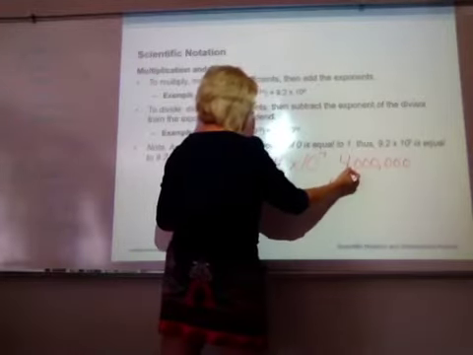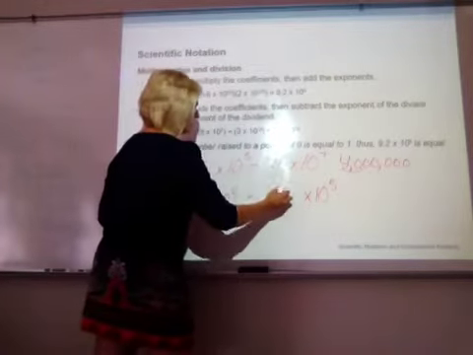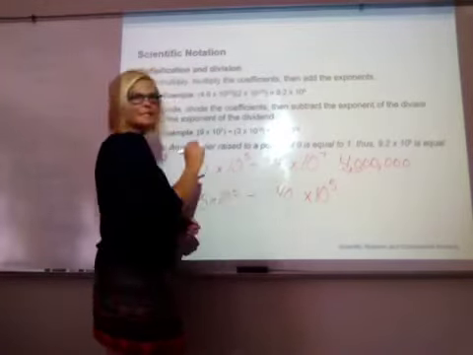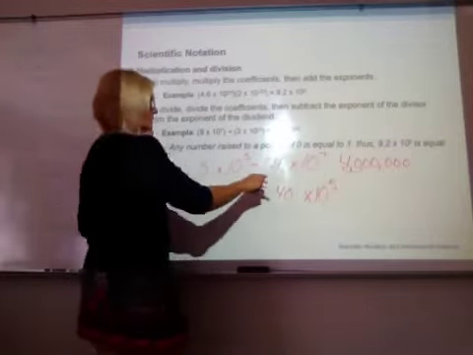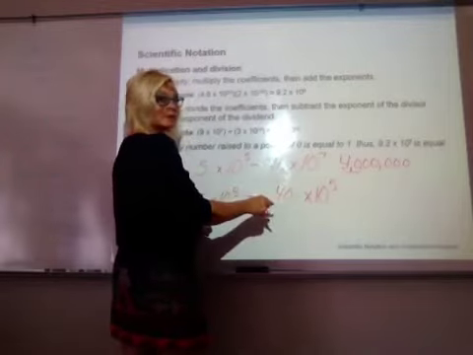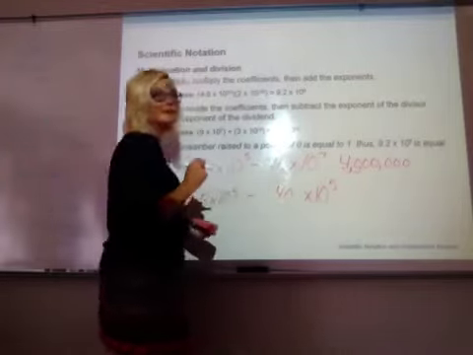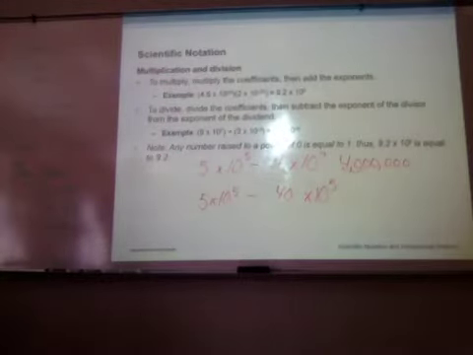It should be 40. Did you guys say move it to the right? I don't remember what you guys even said. So I'm going to move my decimal to the right. So now on your calculator, take 40 times 10 to the 5th, and you should get the same answer.